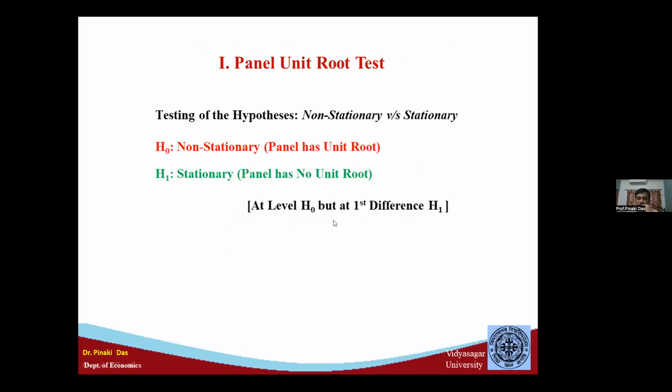Our desired outcome, to find out the short-run or long-run causality between dependent and independent variable, is that at level, that means at original value, the null hypothesis holds: they are non-stationary, and at the first difference they will be stationary. That is, the alternative hypothesis is true at the first difference. Alternative test statistics were developed by different statisticians to test this panel unit root.